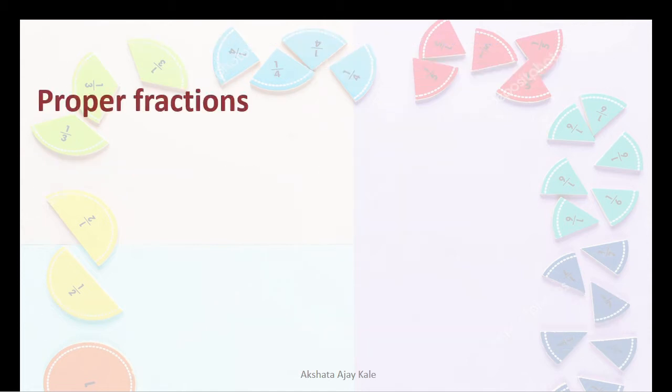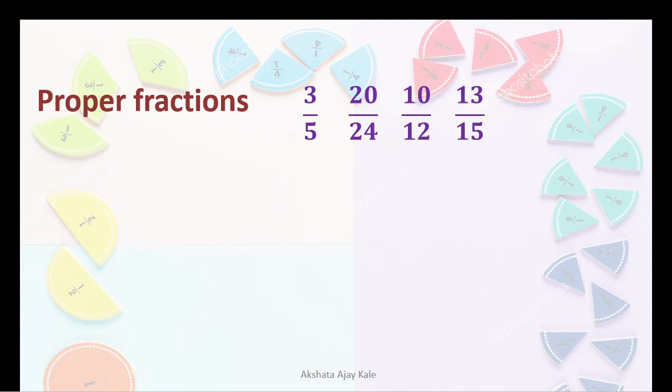Now, proper fractions. This is a new thing. See, dear children, this is 3 upon 5. This is 20 upon 24. 10 upon 12. 13 upon 15. Yes, here 4 fractions are given.